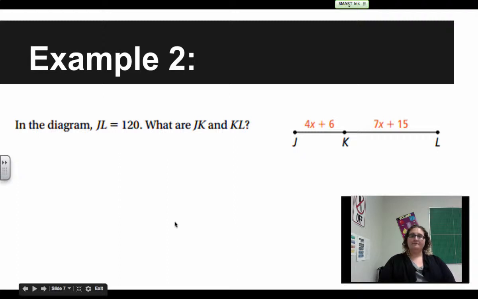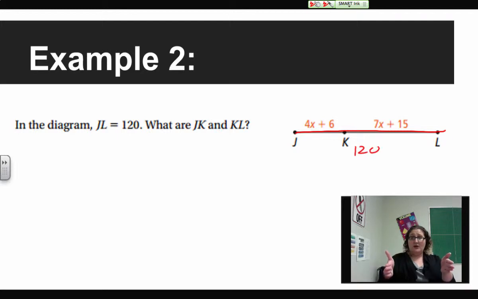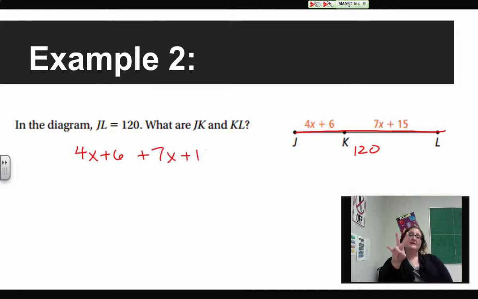In the diagram, JL is 120. What are JK and KL? Okay, if we know the total length from here to here is 120, I can set up an equation that says 4x plus 6 plus 7x plus 15 is equal to 120. I need to combine my like terms.